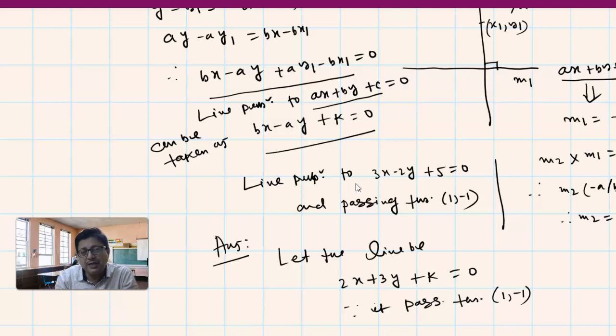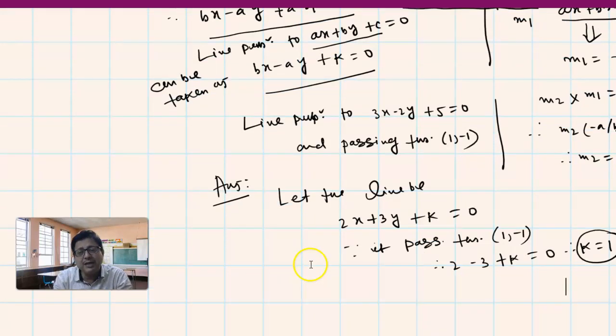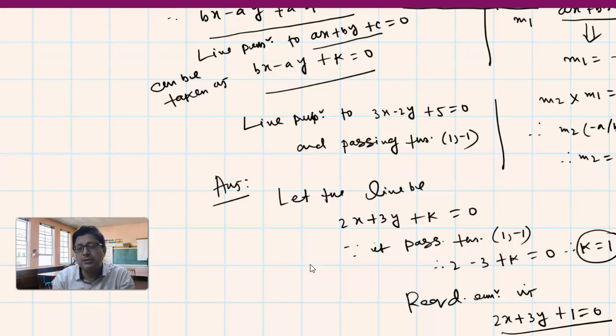Since it passes through 1, minus 1, k is going to be equal to 1. And you can easily write the equation. The required equation is going to be 2x plus 3y plus 1 equal to 0. So it is very easy now to write the equation of a line perpendicular to a given line. We will exchange the coefficients of x and y, change the sign in between, and change the absolute term.